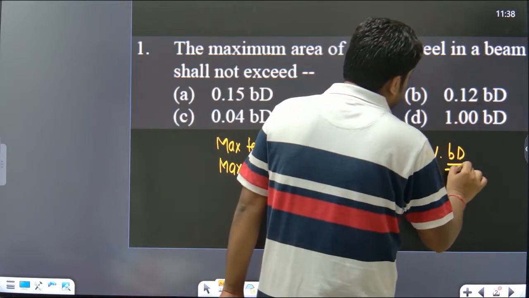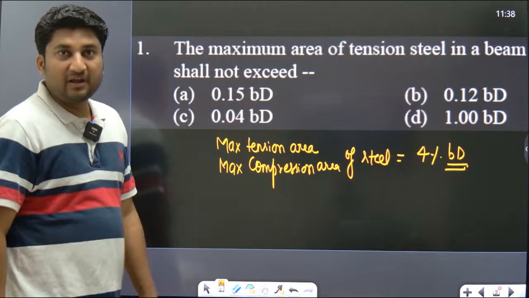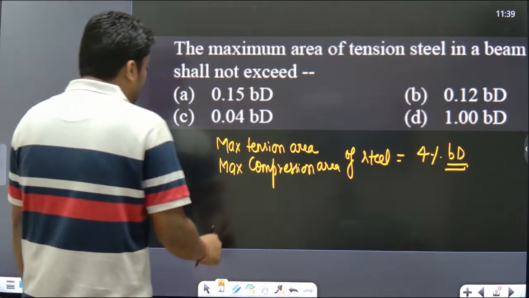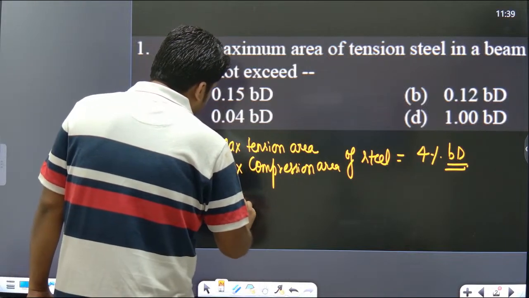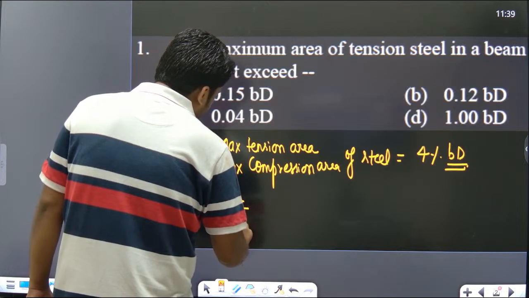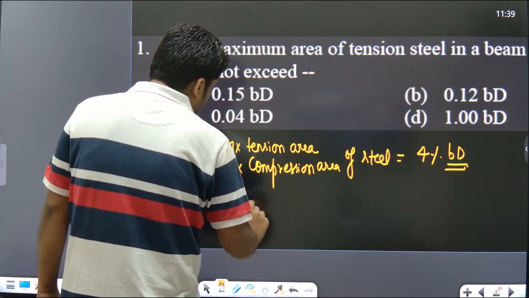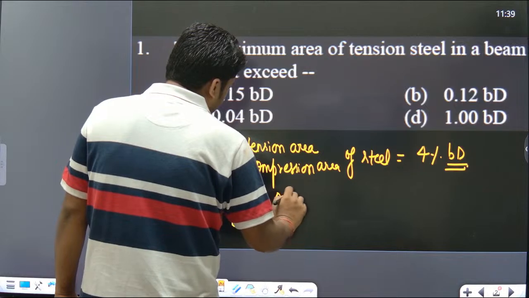Please mind it, this is total depth. And what is the minimum area? Minimum area is Ast upon bd, Ast minimum upon bd is equal to 0.85 upon fy.